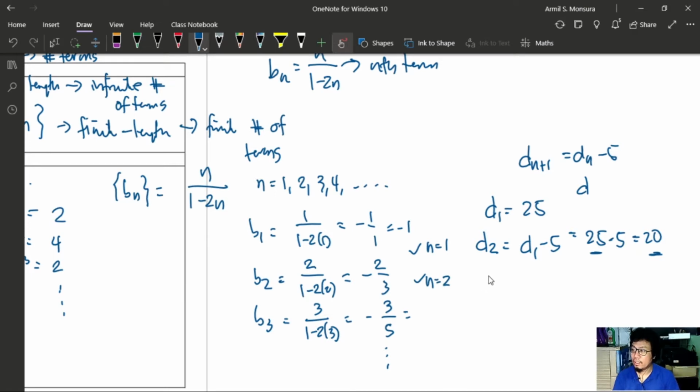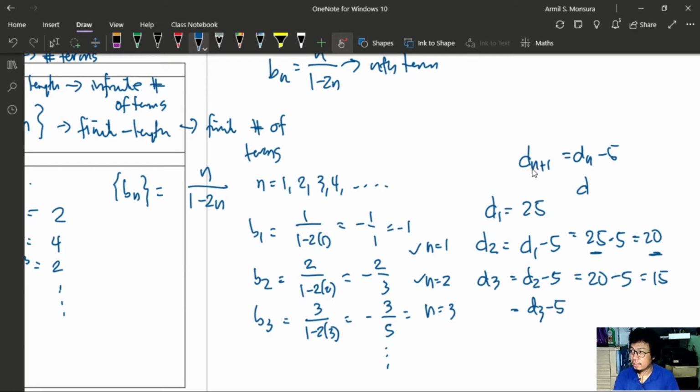So we will have here d2, and this becomes d3. Again, this is d sub n plus 1. So this is minus 5, and d2 is 20. Again, using the previous term to generate the next term. So this is 20 minus 5, that's 15. Proceeding, this is n equals 3. So we will have d3 here, which is your d sub n, minus 5.